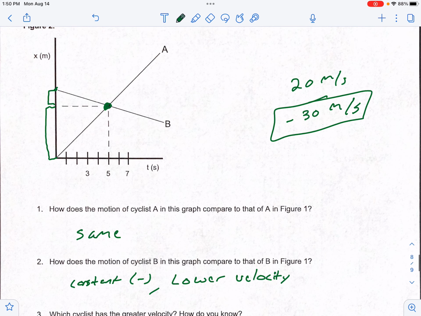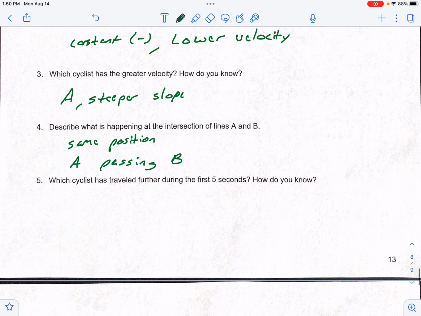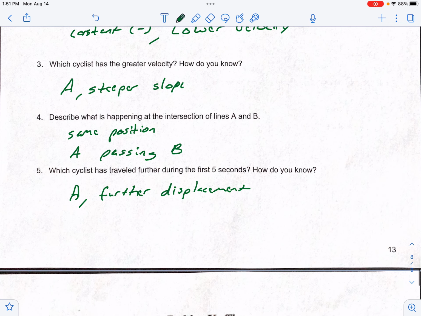Okay, so A is going to have more position to cover. So which cyclist has covered more ground? A. And I'm going to say further displacement. So basically that's saying that A had to change his position more than B.